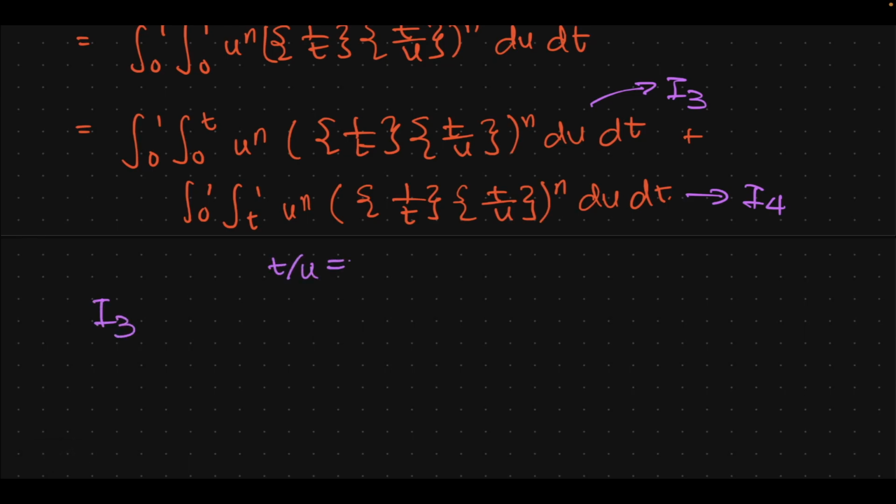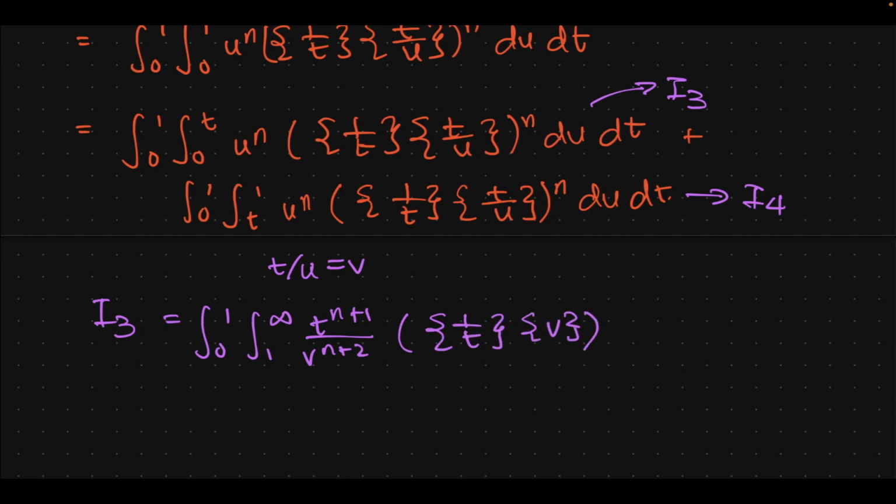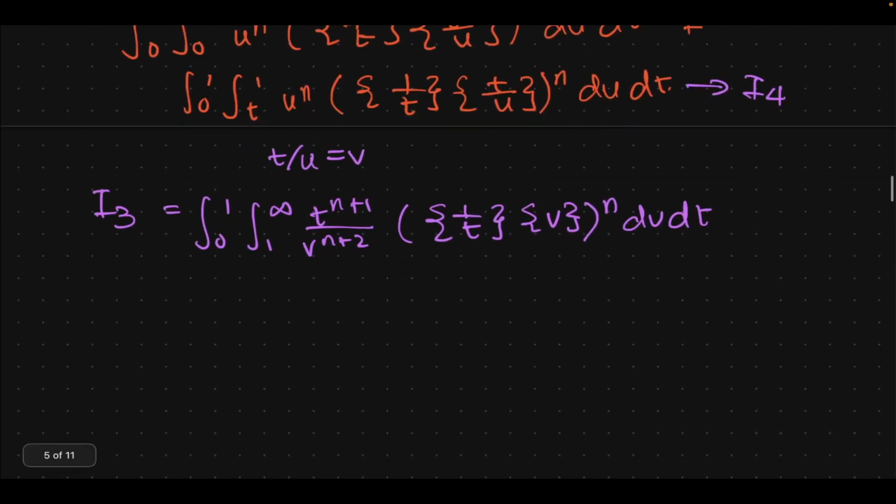Now for I3, what I can do is introduce this substitution: t over u is v. So we get 0 to 1, 1 to infinity, t to the n plus 1, v to the n plus 2, and then dv dt. And now another substitution, v is 1 over s.